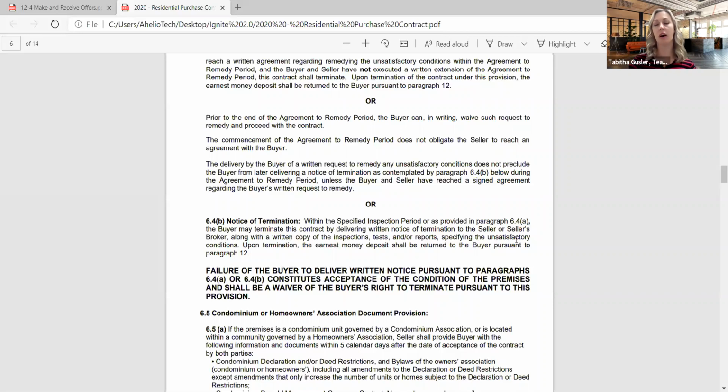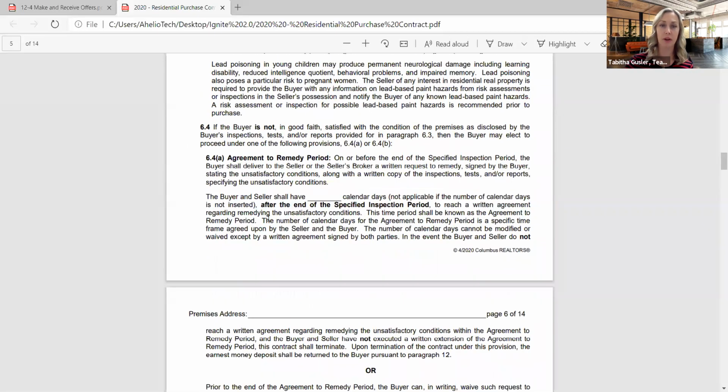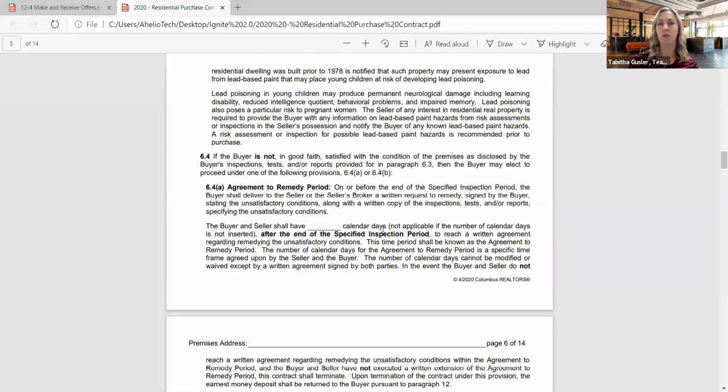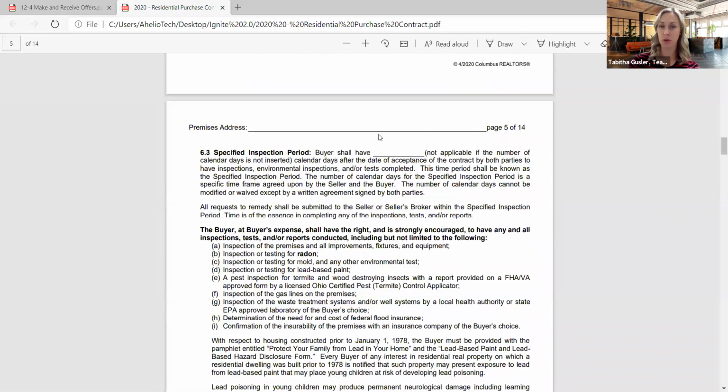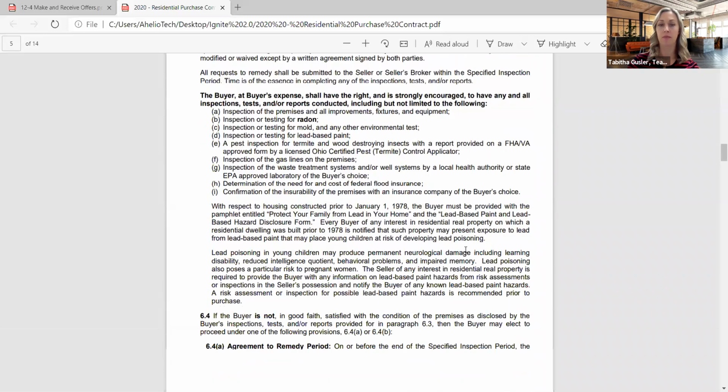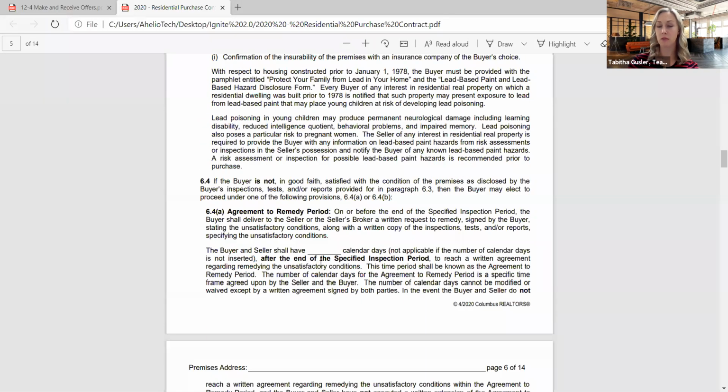The way that you would write that is you would have an inspection number here, then you would have either a 0 or an NA on this line item of 6.4. And my additional recommendation, from a compliance standpoint and a protection standpoint for a buyer, is that you add some additional basic language in the additional terms and conditions, right?